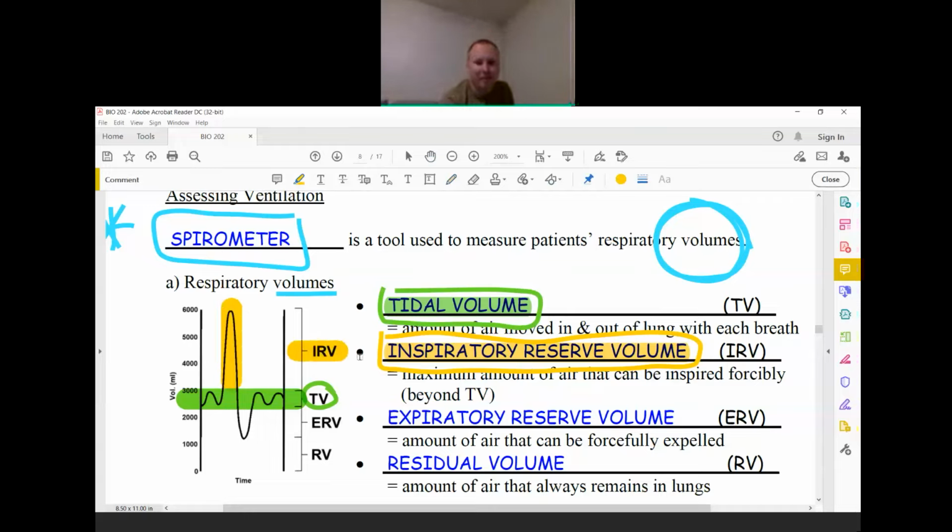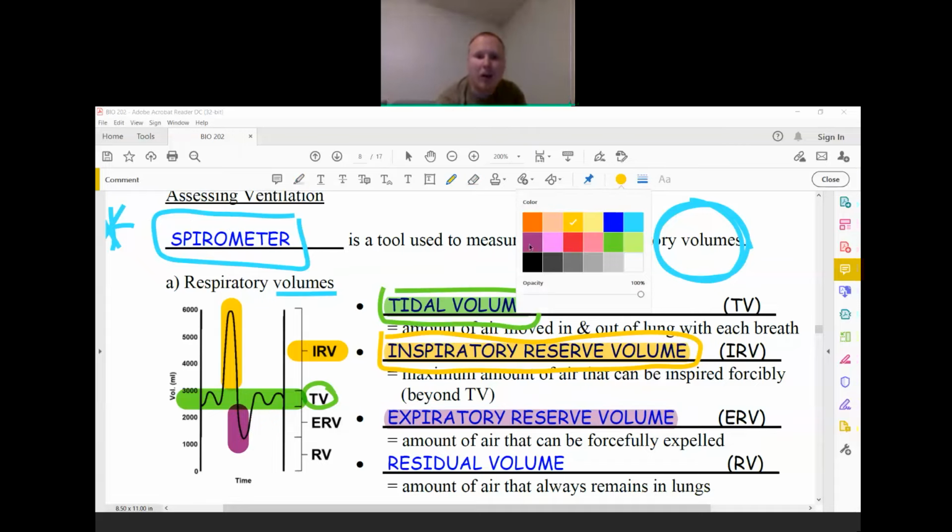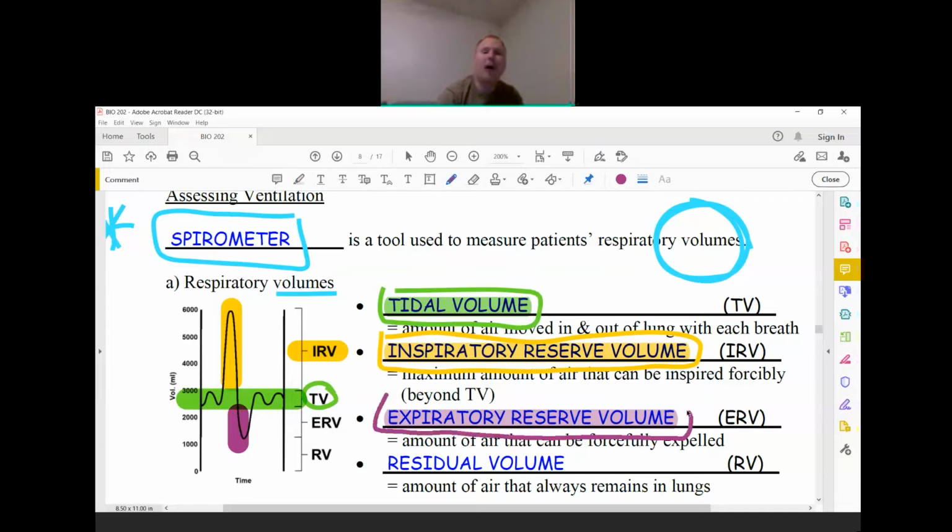The next one we're going to talk about is the expiratory reserve volume, or ERV. It tells us the amount of air that can be forcefully breathed out. So if we breathe out as much as we can beyond that normal tidal volume, we can go a little further. That's what we're seeing there.